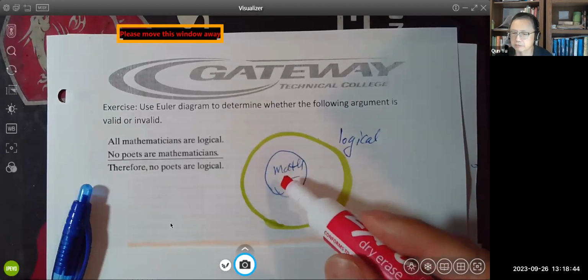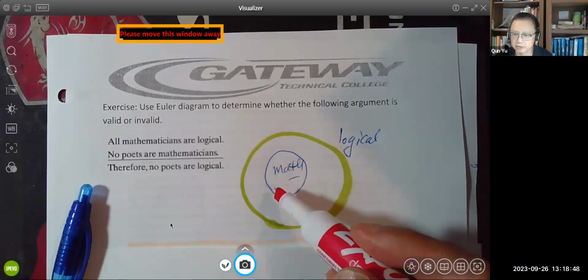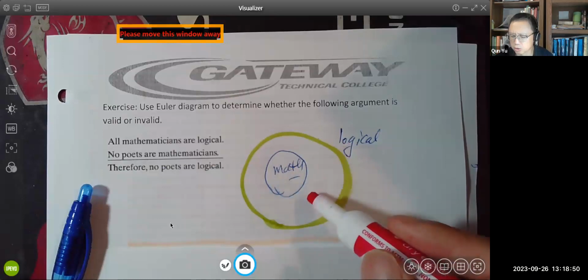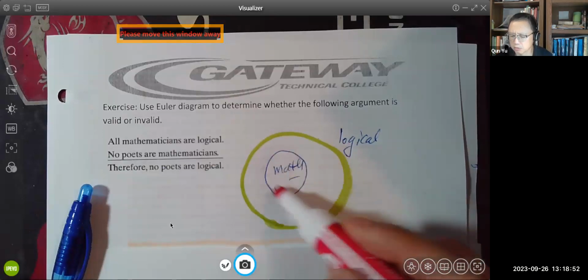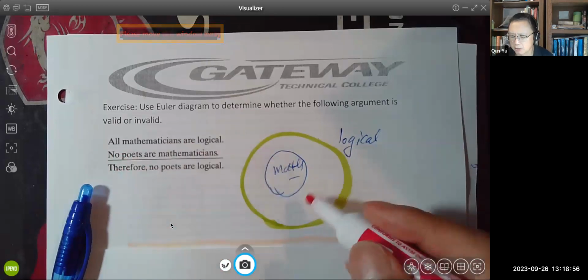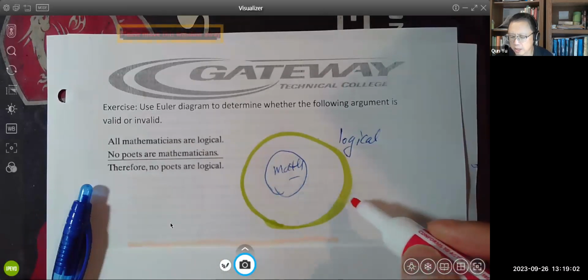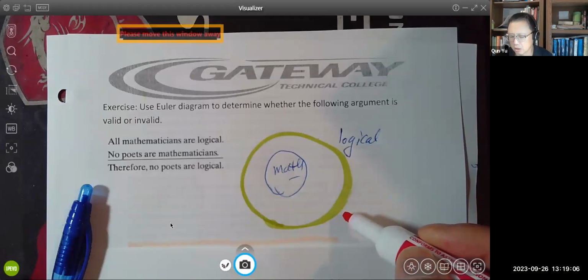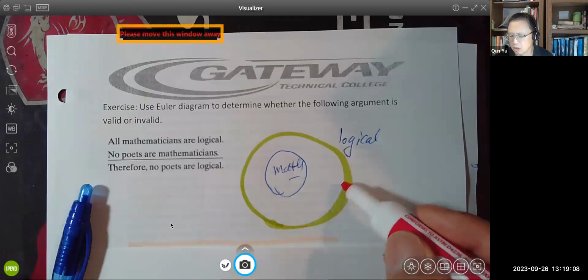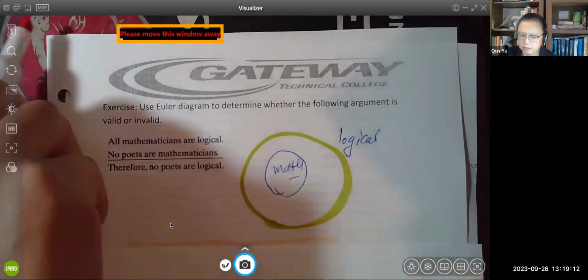Now here's the thing. We will have different scenarios. Since we only need to draw this red circle outside the blue one to fulfill the requirement of the second premise, I could draw it here, which is entirely inside the green circle, or I can draw it here, which partially overlaps with the green circle, or entirely outside the green circle. See, I have different scenarios.